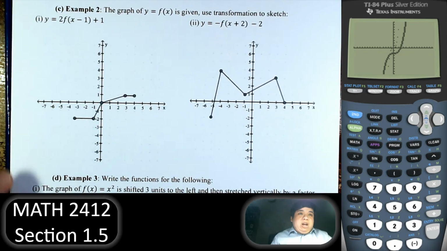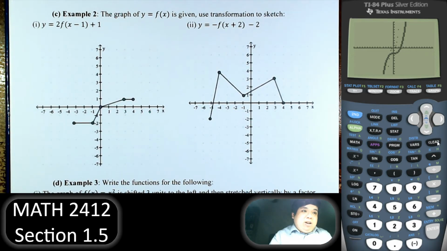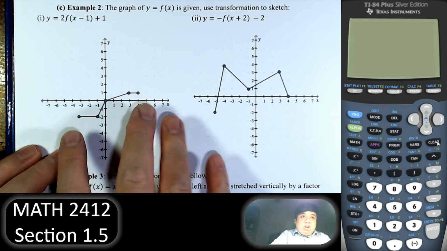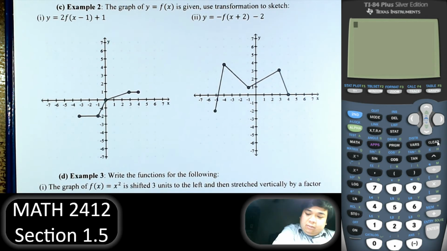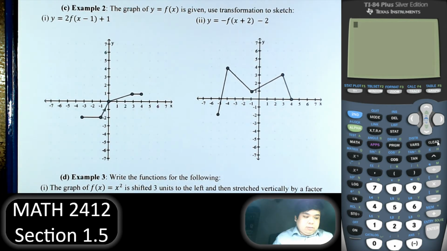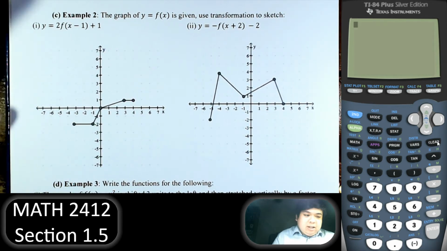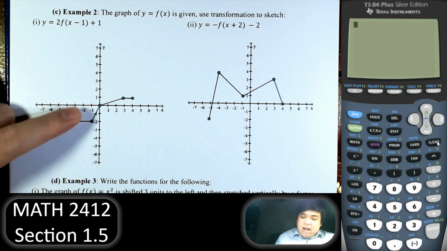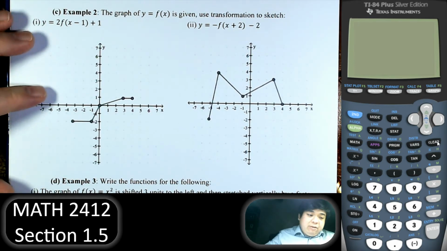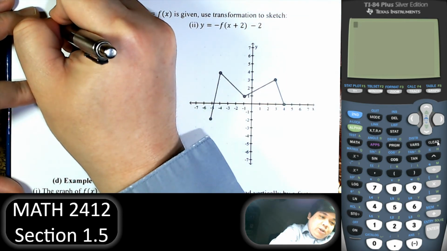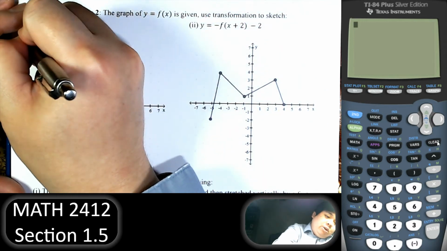Now, more transformation. This one we have to do by hand because we don't have the basic graph. The basic graph is given, like that. So what we have here is multiplied by 2. That means y values multiplied by 2.